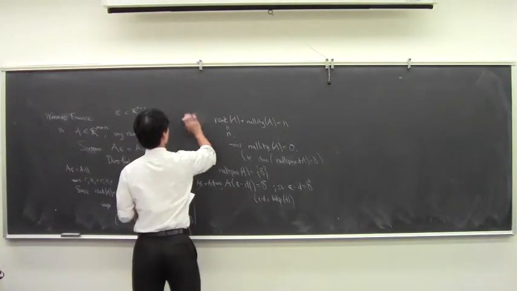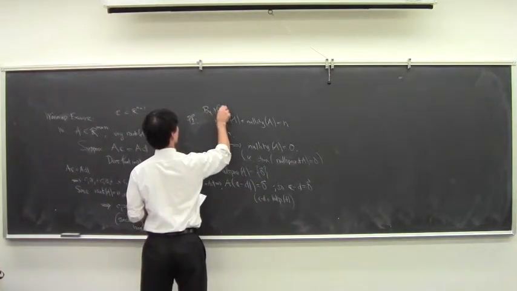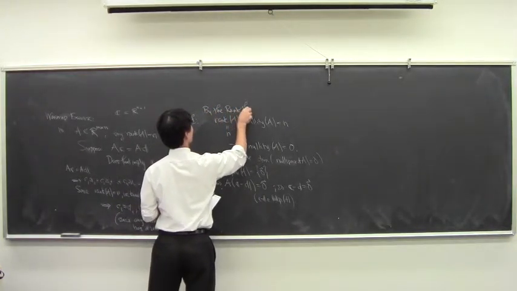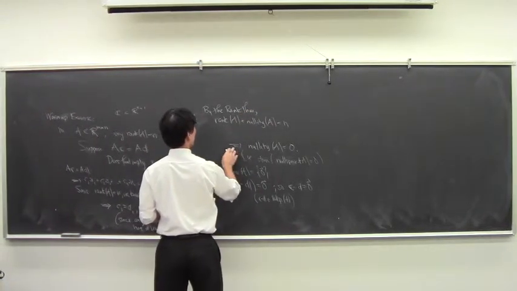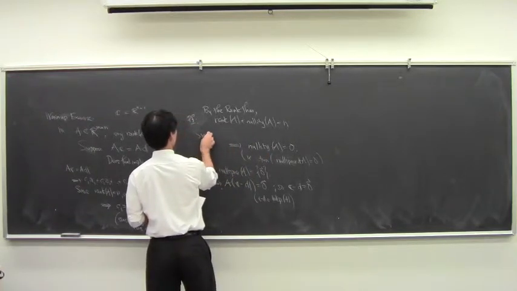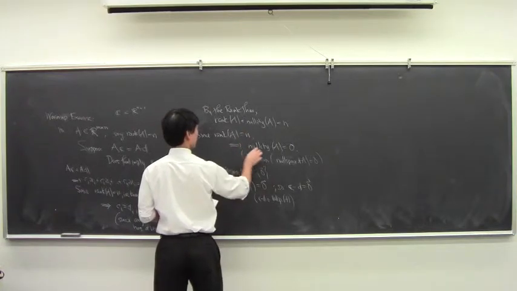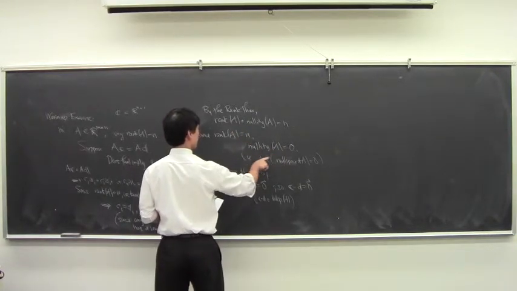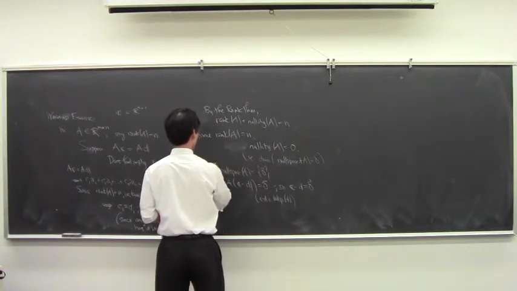If we were writing this out formally, we'd say by the rank theorem, this plus this equals n. So nullity is 0 since rank A equals n. We know that the nullity of A is equal to 0. In other words, the dimension of the null space is 0.